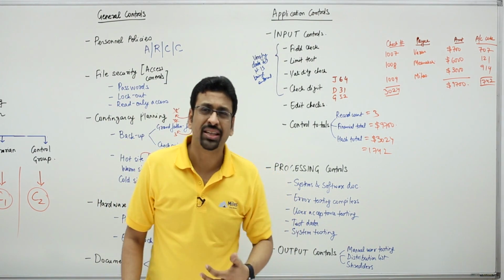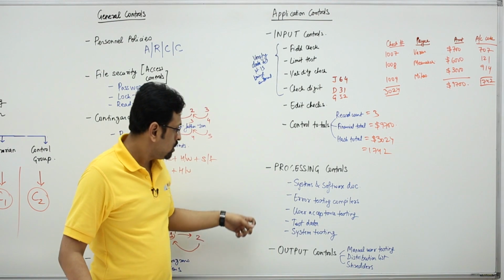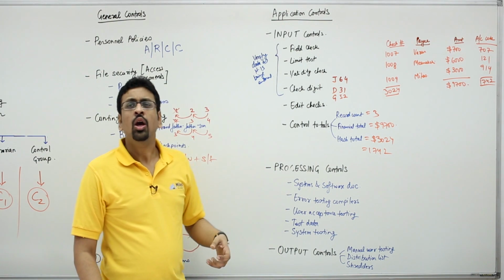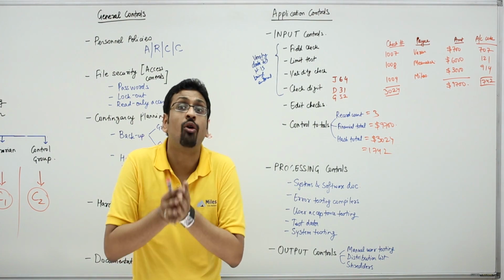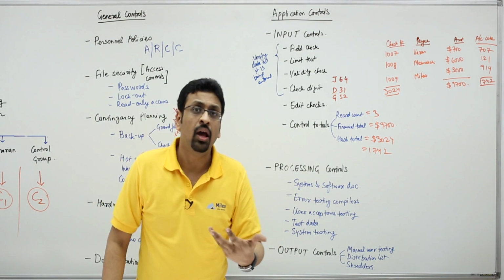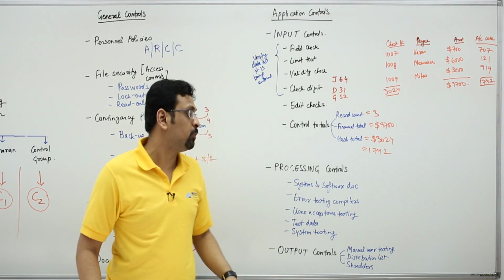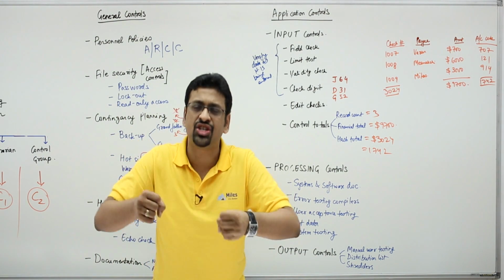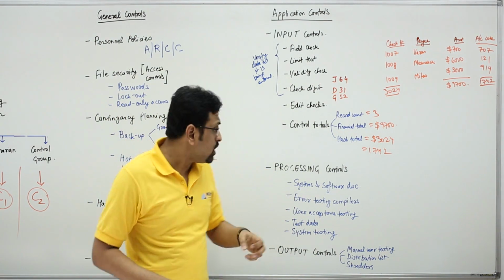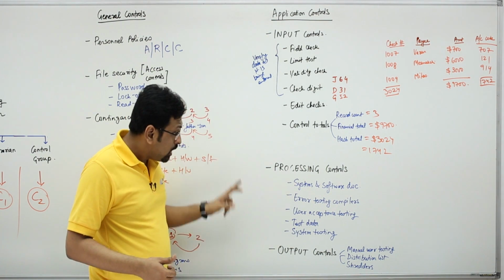Basically, you want to make sure that the application processing is meeting the user requirements. Test data. You want to expose the processing to one sample of each type of exception that you think you would be facing during the use of the program. System testing, where you're testing the integration of the system. So these are all processing controls that you could apply to specific programs.